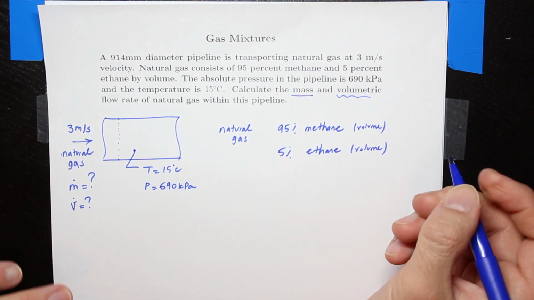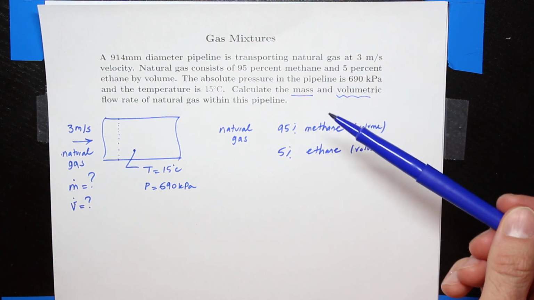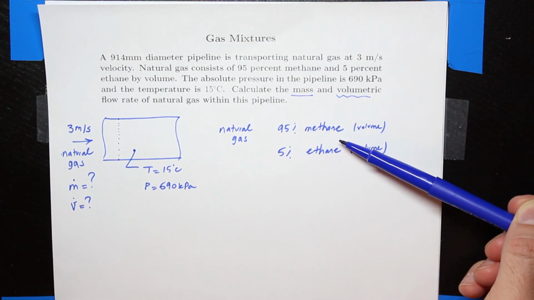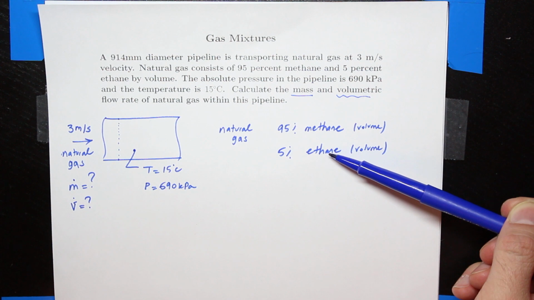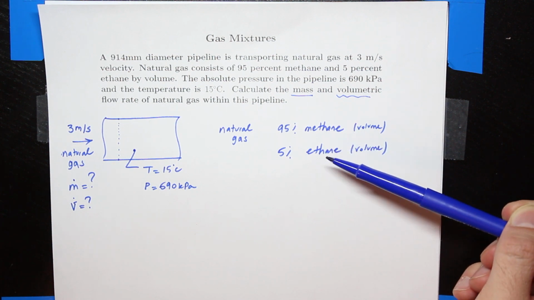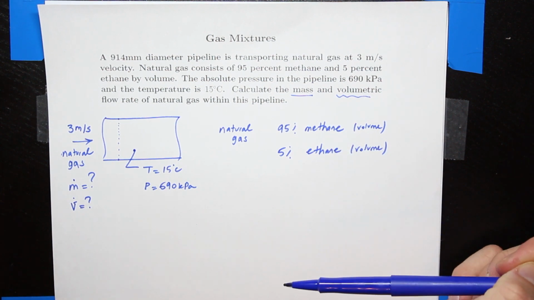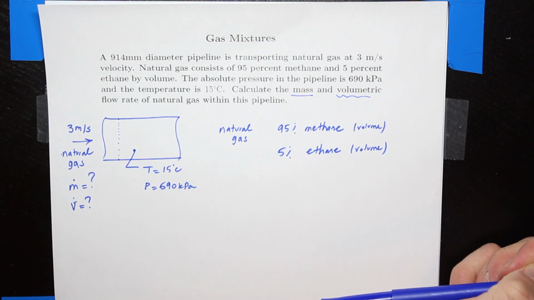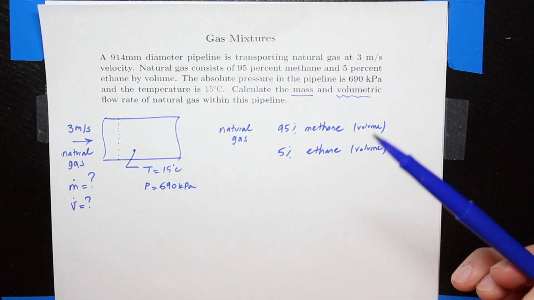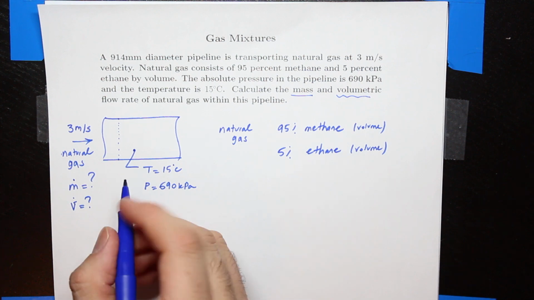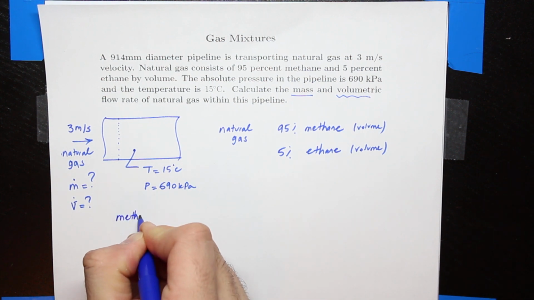Step one, I'm going to see if these two gases are behaving ideally, and if so, I'm going to obtain the gas constant of the gas mixture that I have here. Let's start with methane gas.